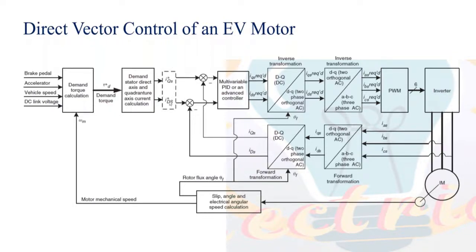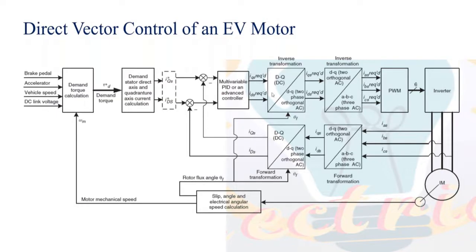Both currents are compared and an error signal is generated. From the error signal it goes to one more PI controller, and based on the error signal, the controller determines what actual current has to be supplied to the motor. So the controller determines what current I have to supply.